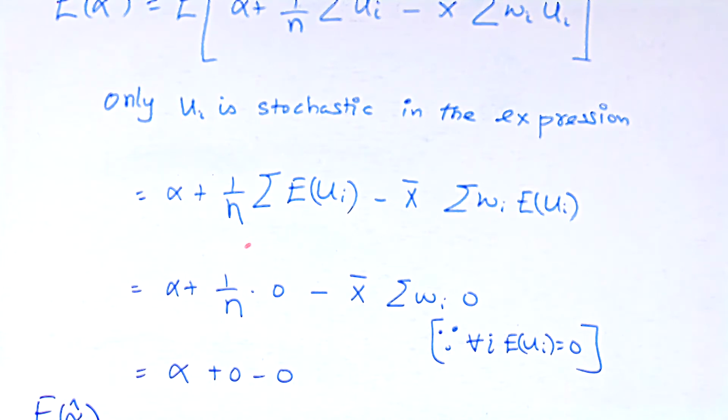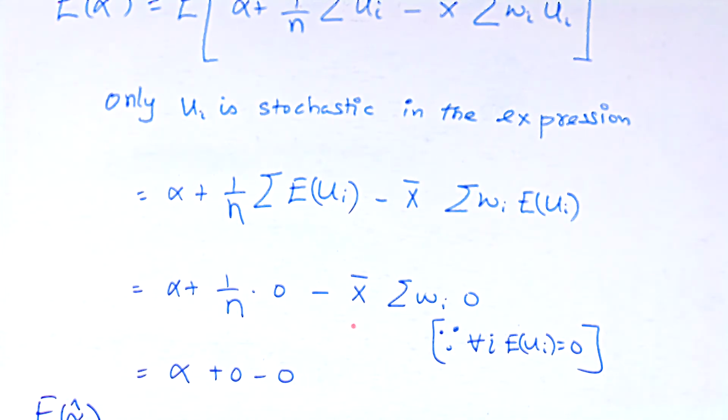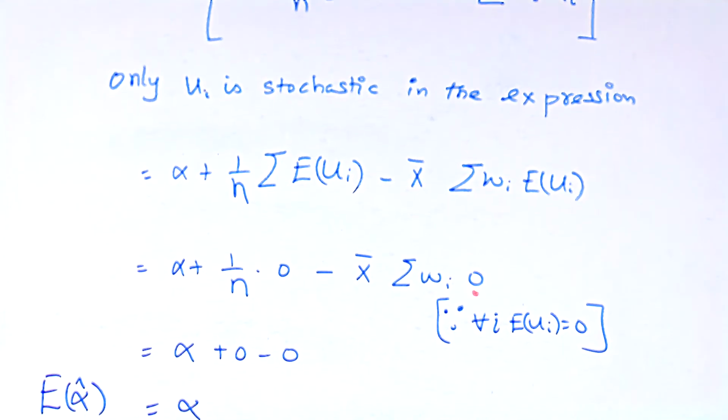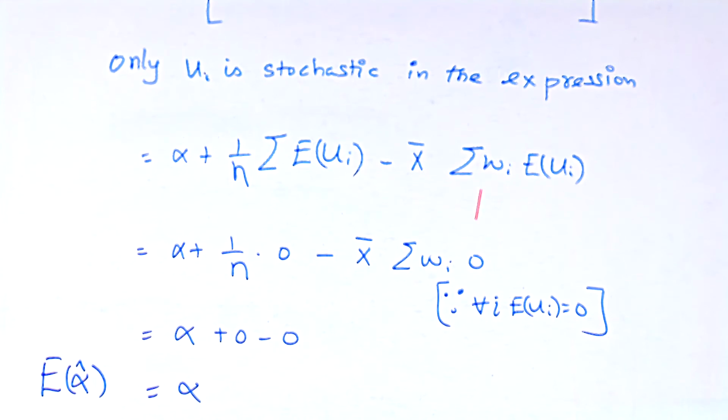So we get further reduction as alpha plus 1 by n into 0, for all the expectation of ui is 0 and the sum of it is 0, minus x bar into sigma Wi into 0 because expectation of ui is 0.